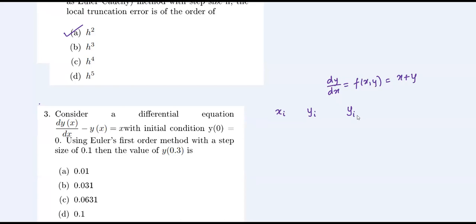Euler's method is asked first order. So y of i plus 1 is yi plus h times f of xi, yi, that will be xi plus yi.